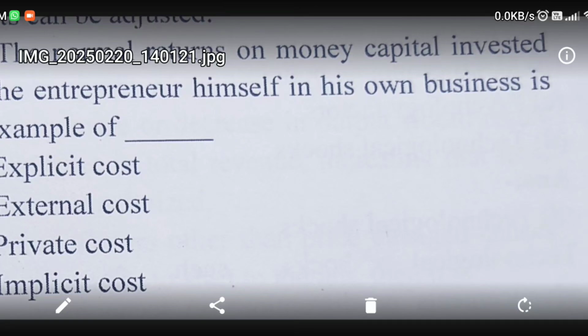These costs are important in decision making. Generally, an entrepreneur invests a certain amount of capital in his business. If the capital invested by the entrepreneur in his business had been invested elsewhere, it would have earned a certain amount of interest or dividend. D is the right answer.